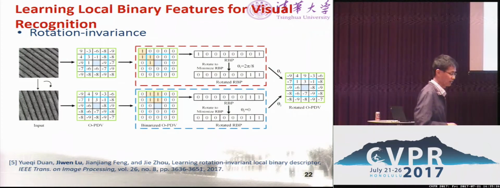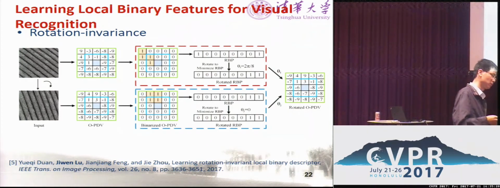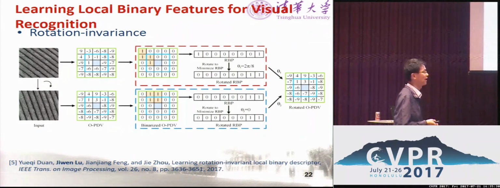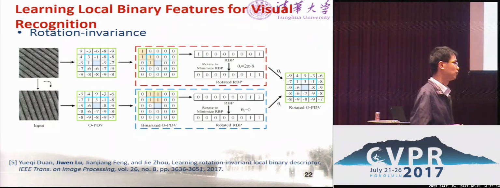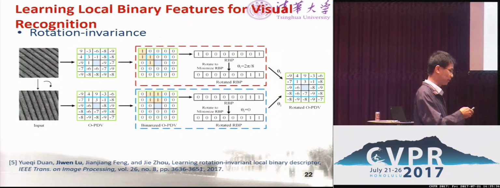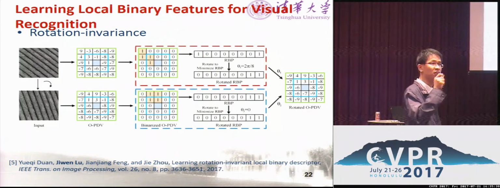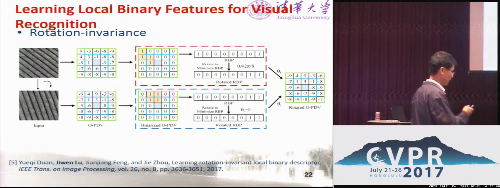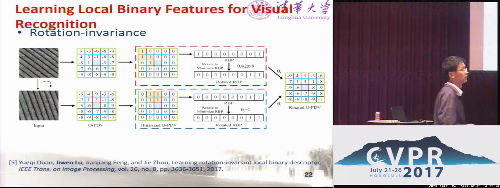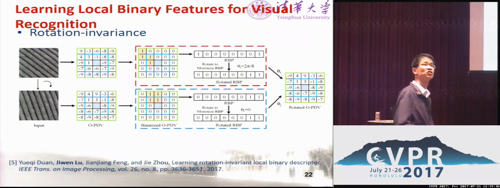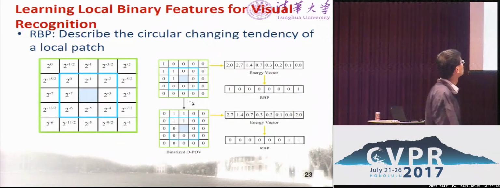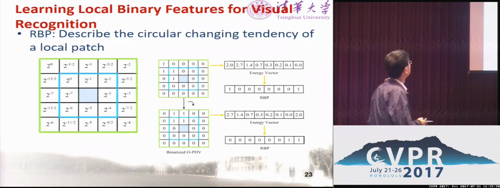This method has been tested on face recognition with rotation, texture classification, and object recognition with rotation. We can find, especially for texture classification with rotation, the performance can achieve about 20% improvement, because based on this learning criteria, previously the rotation variations were not considered. So here are some details.